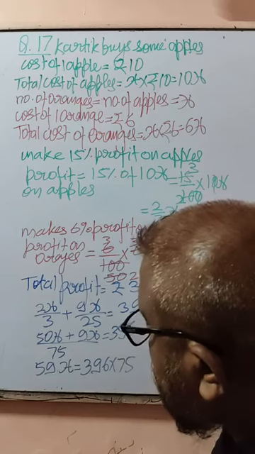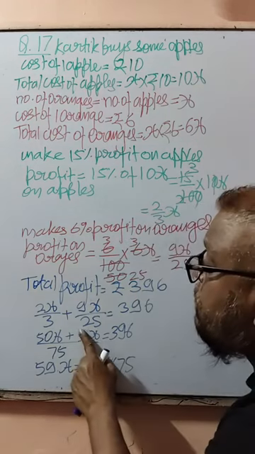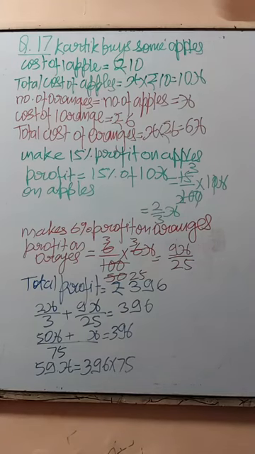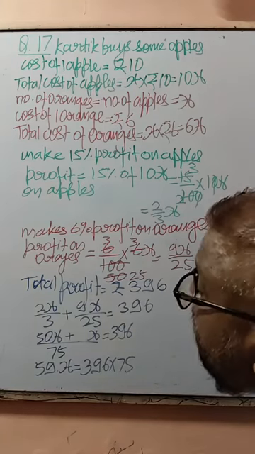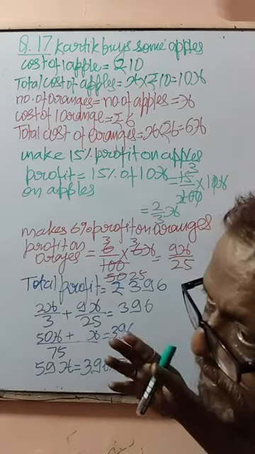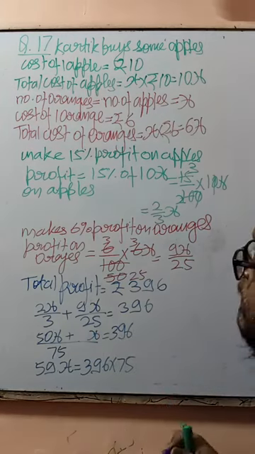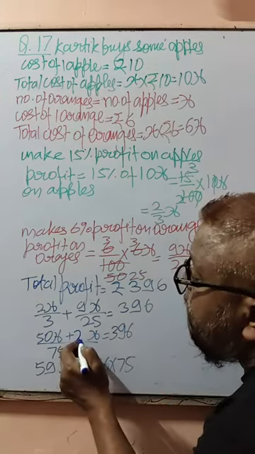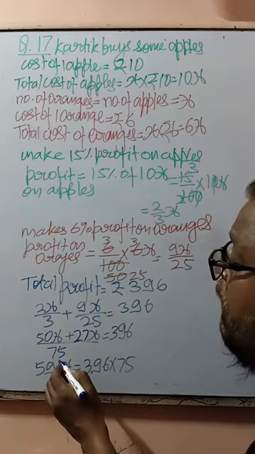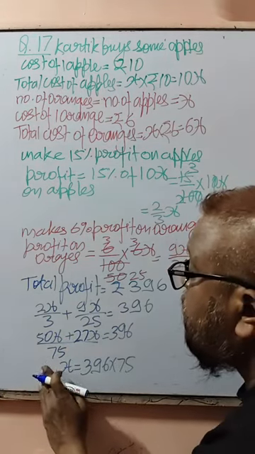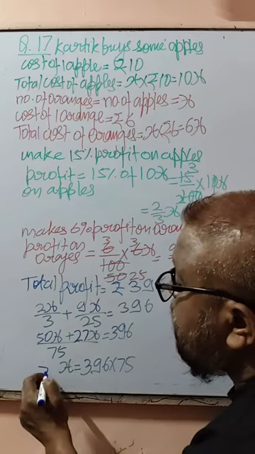Oh, sorry. 75 divided by 25 becomes 3, and 9 times 3 becomes 27. When you add these two, you get 77. Right? Yes, sir. You get 77.